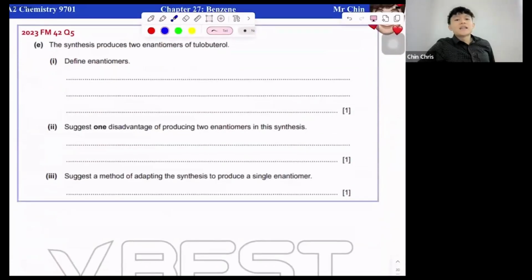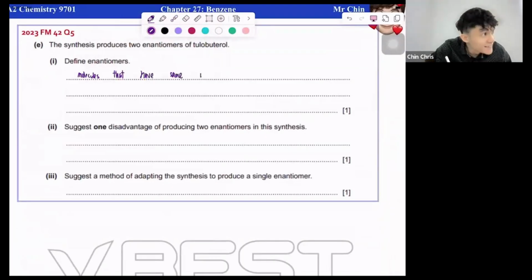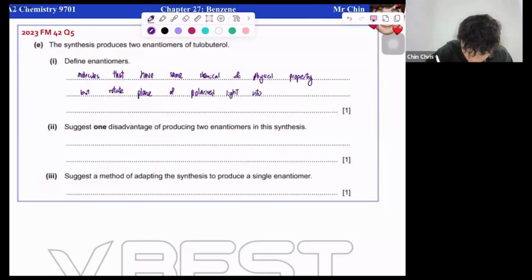Define enantiomers. Molecules that have the same chemical and physical properties, which will score you one mark, but rotate the plane of polarized light in different directions.